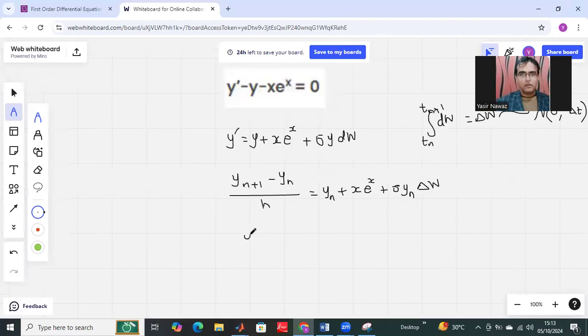This equation can be written in the form y_{n+1} is equal to y_n plus h times (y_n plus x e^x) plus sigma y_n delta W. The x is the independent variable, so I can use t here. So x can be replaced with t.